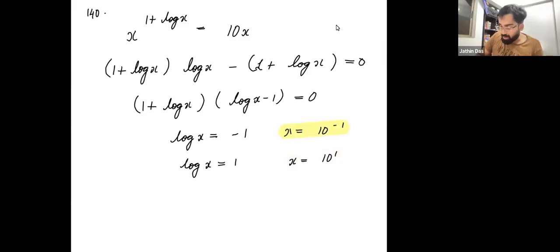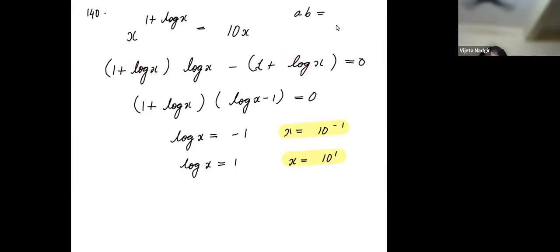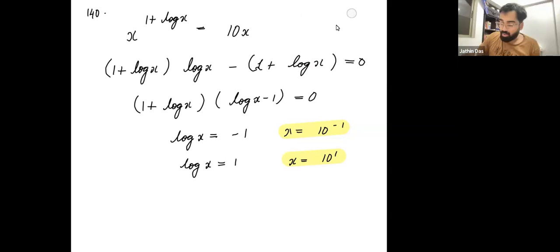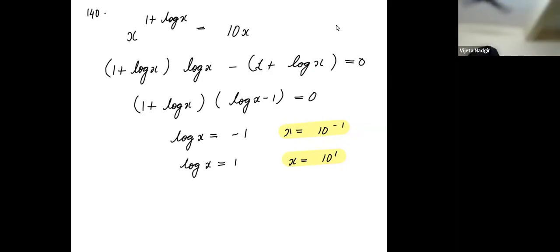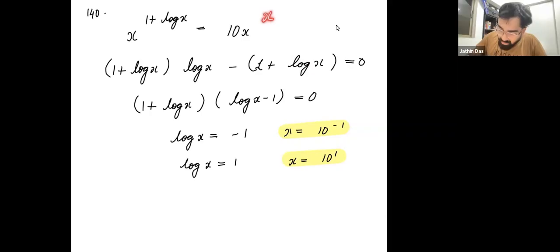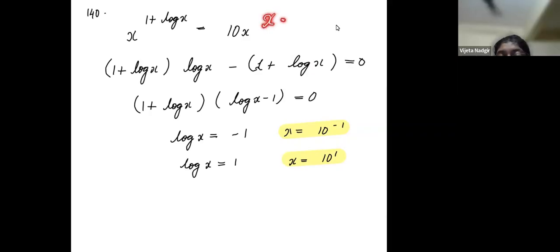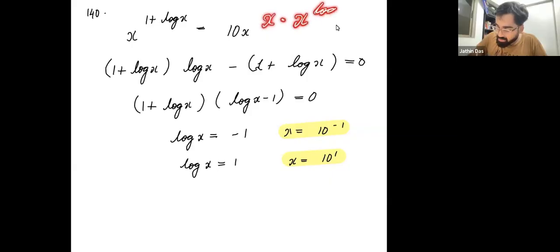Did you apply log both sides? No. Then I think you cancelled this. Did you cancel it like this? Yesterday I told you also in trigonometry, don't cancel it. No, I didn't cancel it either. I didn't apply log only, so I didn't get that only. Then what did you do? I took it as x log 10x is equal to 10x, and then I swapped it. No, that 1 plus log x. Like x into x log x?